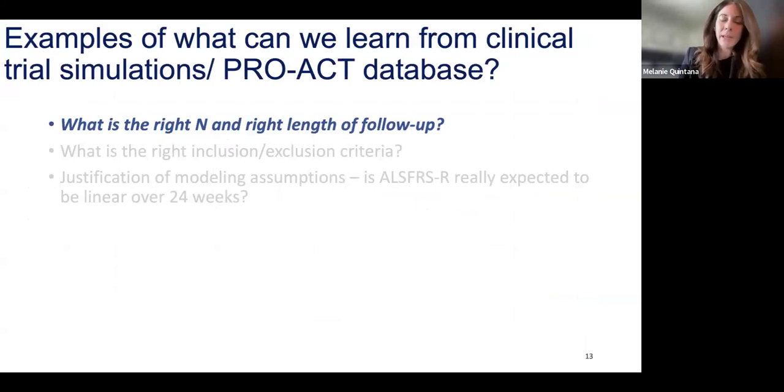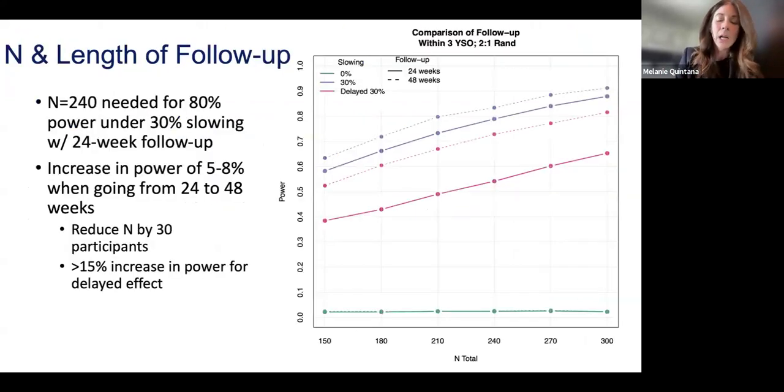So just some examples of this, the first question right away is, what's the right sample size and the length of follow-up for my trial? This plot here shows power, or in the case of the green line, type 1 error, which we want to always make sure we keep control of.